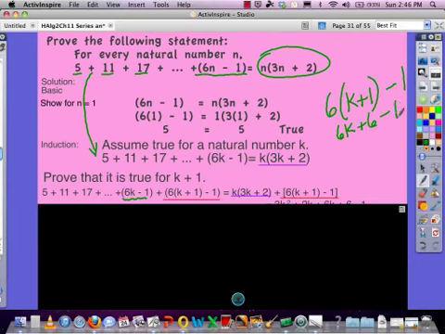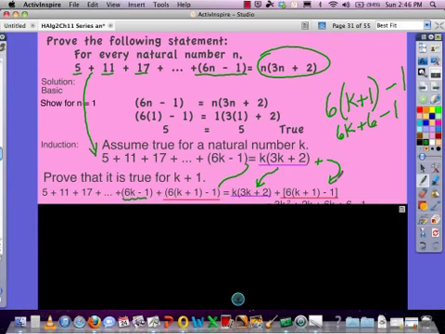Some people might even call that 6k plus 5, but we're going to leave it as listed right now. If you added that term to the left side, you must also add it to the right. So you're still seeing the same sum that we saw originally, but since we added a new term here, we must add that same term here as well.